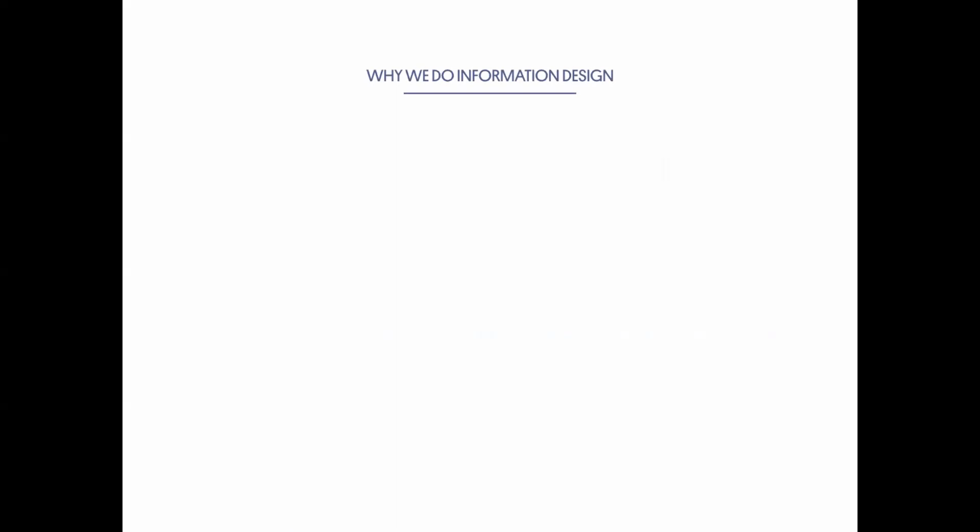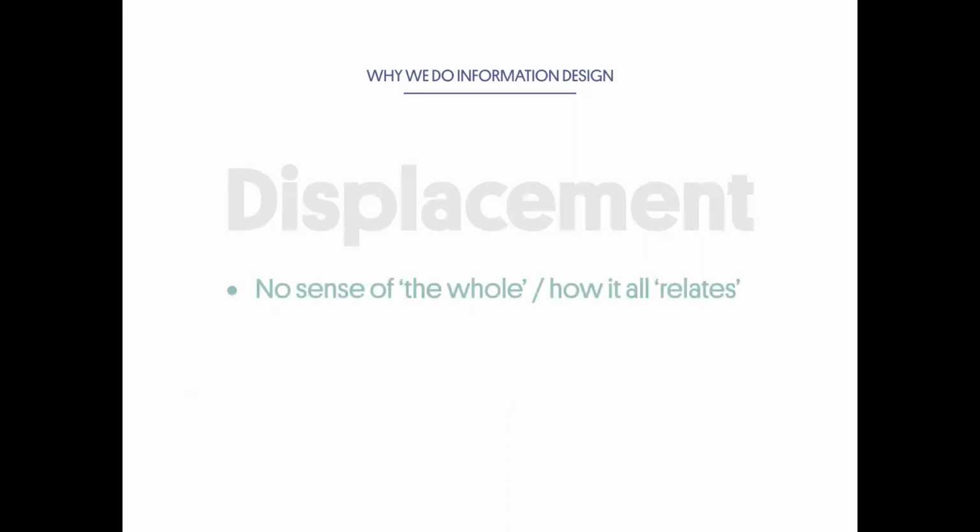The second reason is what I'm going to call displacement. And I feel like this is a way to characterize those feelings of being out of place, feelings of uncertainty in our digital workplaces. And let's take a look at how this manifests in our users. This is the kind of things that we hear from users of poorly designed information spaces. For one, that there's no sense of the whole, how everything relates.